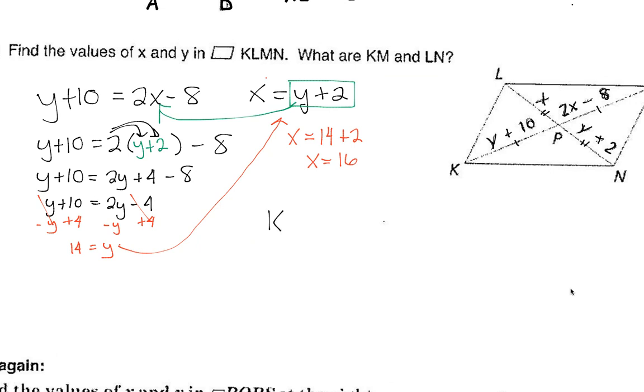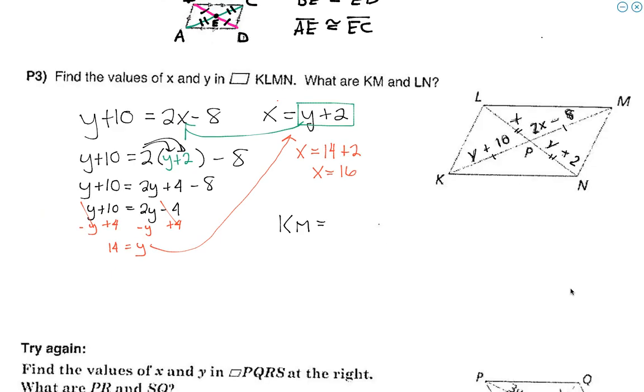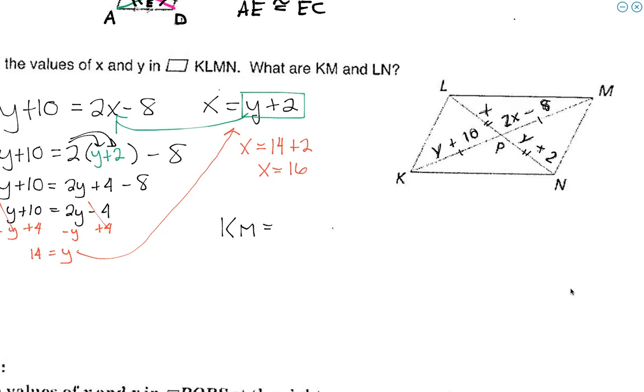So KM equals y plus 10. Now you can just figure out what that is and double it, since this is the same side, or just keep going, plus 2x minus 8.